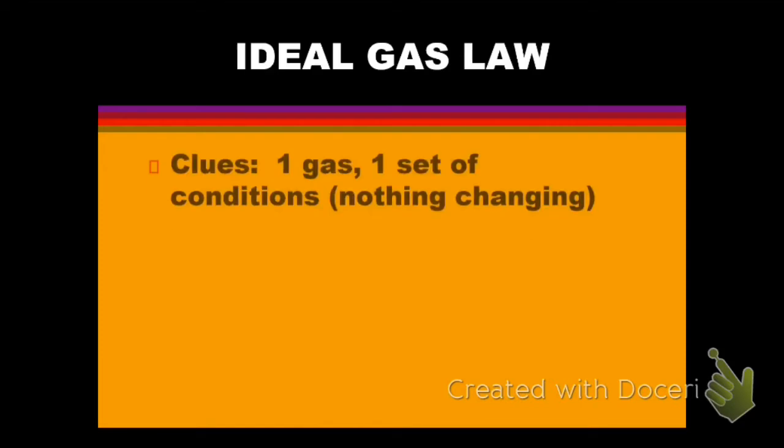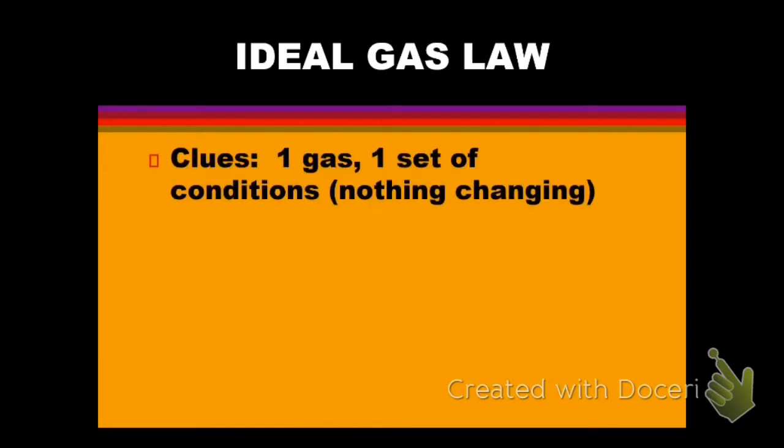First of all, the biggest thing is that we are only talking about one set of conditions with this one gas. So there's going to be no mention of a new volume or a new pressure or a new temperature or a change in moles.